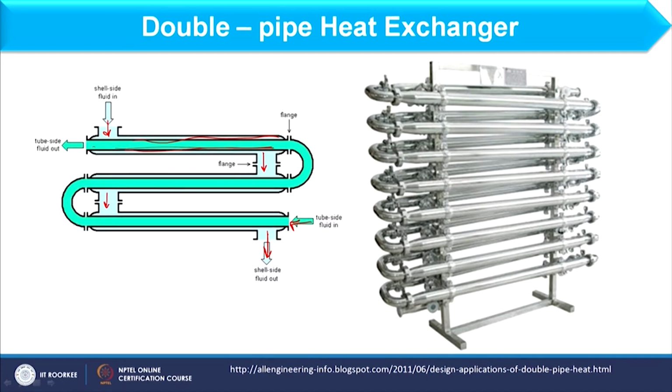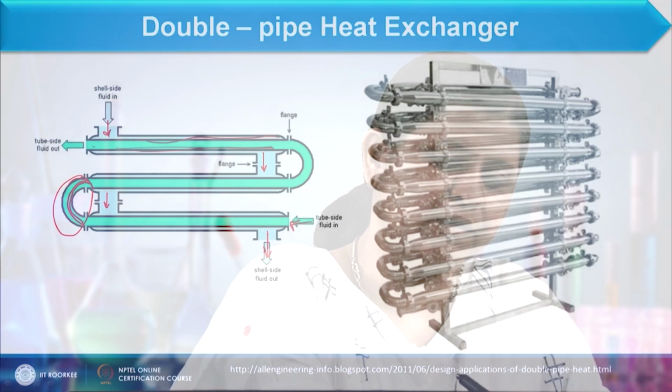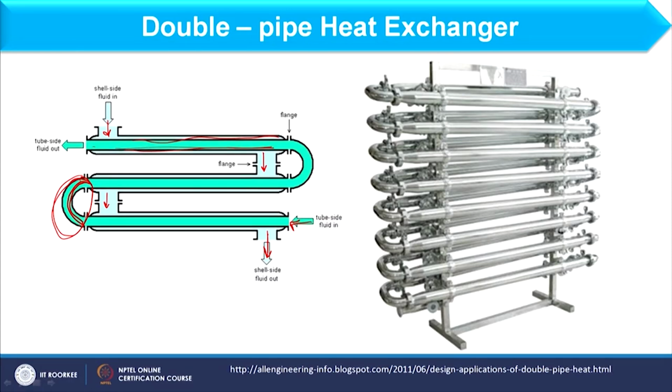Now this particular section of a double pipe heat exchanger is called a hairpin. Hairpins usually have a U shape, and that shape is available over here also, and therefore this section is called a hairpin.